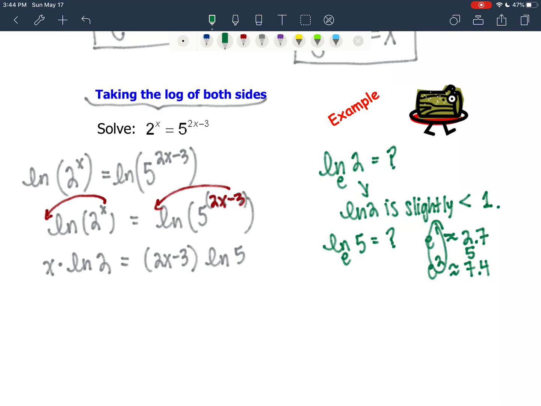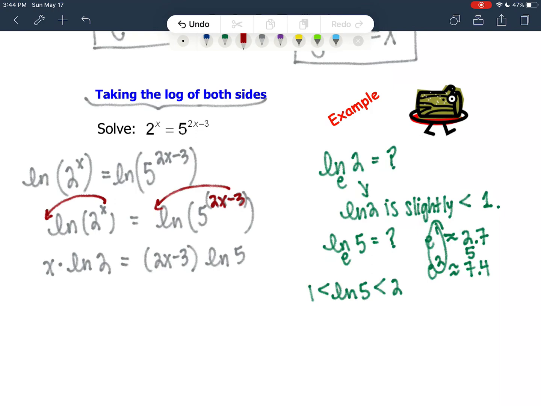So the natural log of 5 is less than 2 but greater than 1. It's some number between 1 and 2. So here we have a number that is a little bit less than 1, and here we have a number that's between 1 and 2. If you think of it as just some decimal number, you can keep going.